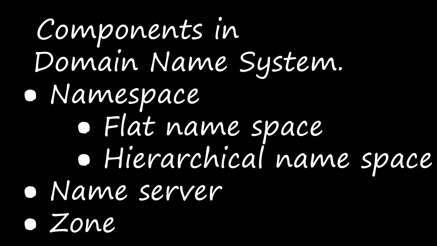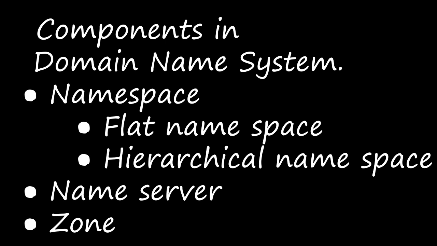There is a disadvantage for this flat namespace also: it cannot be used in large systems, because the names have to be accessed and controlled centrally to avoid redundancy and ambiguity. Ambiguity means inexactness. This is difficult in this flat name system.